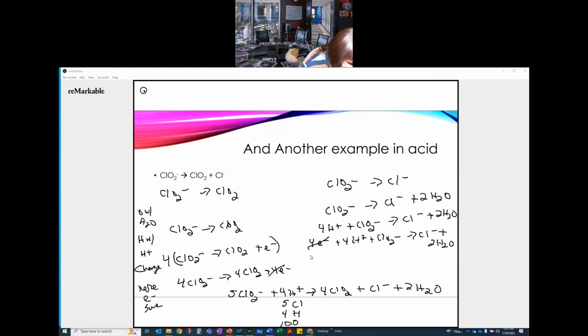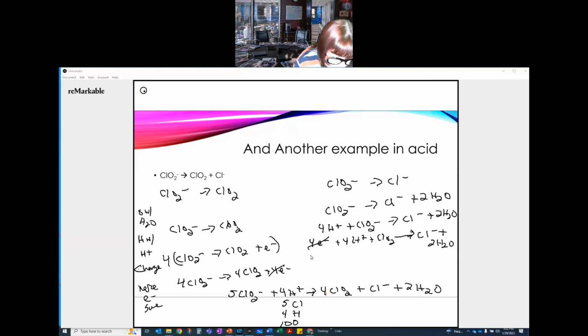On my other side, I have... Okay, this should have been a 4 right here, because I needed to multiply this whole thing by 4. And wait, is that right? No, never mind. Sorry, wrong mistake. See, it gets convoluted.